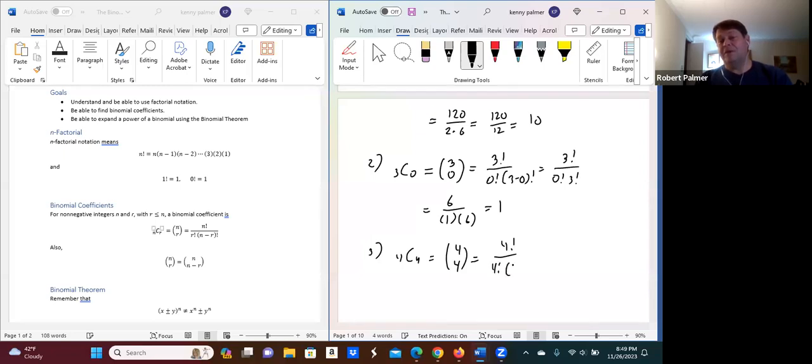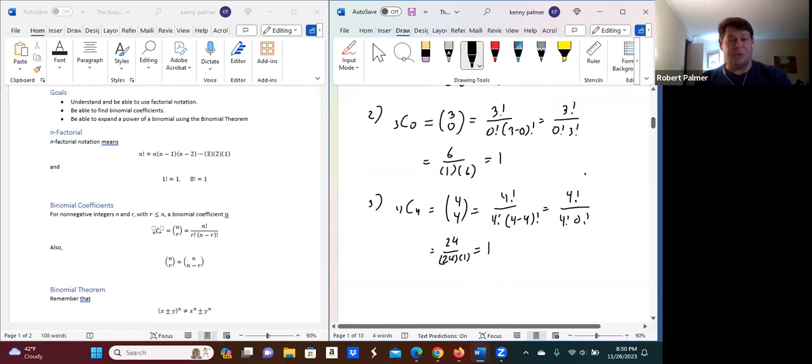Then n minus r, 4 minus 4 factorial. Of course, 4 minus 4 is 0 factorial. See the 0 factorial again. So this is 24 over 24 times 1, and this is also 1.